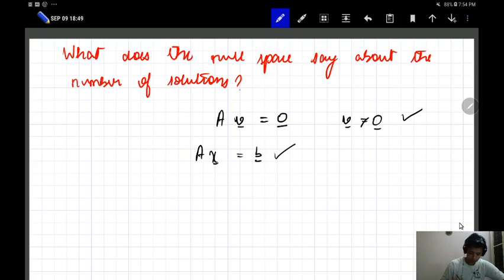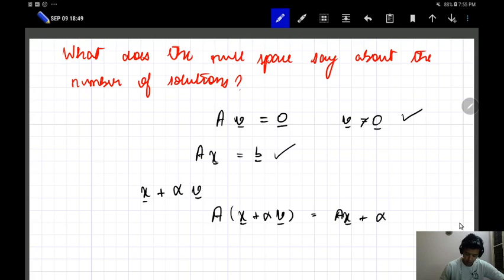And why is that the case? Note that if you take any scalar alpha, any number alpha, and consider x plus alpha times v, then x plus alpha times v is also a solution. Why is that? If you take A times (x plus alpha times v), then you get A x plus alpha times A v. We know that A x is equal to b, and A v is equal to 0, so this is b.